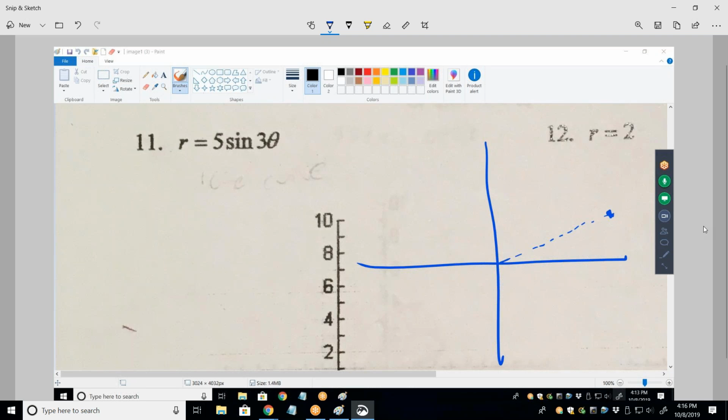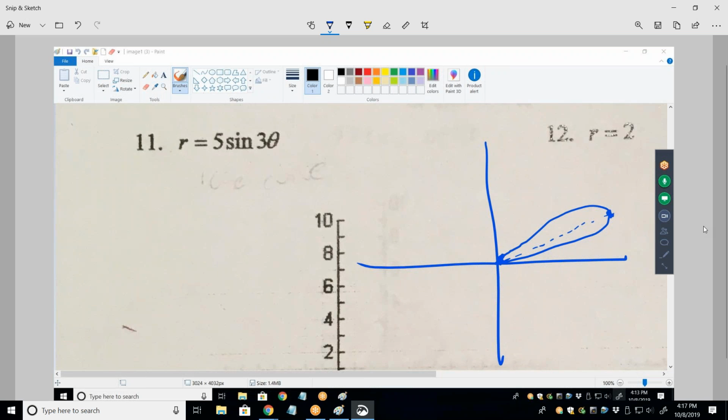So this thing must look like this. And let's see, when theta is pi over 3, it would be back, yeah, it's back there.